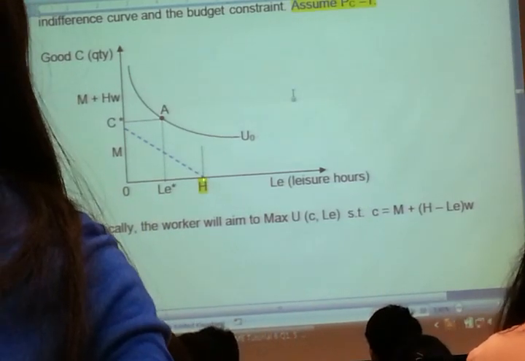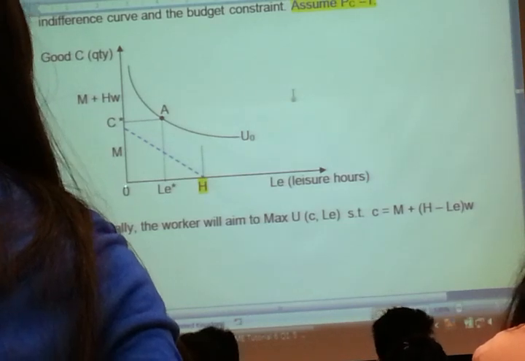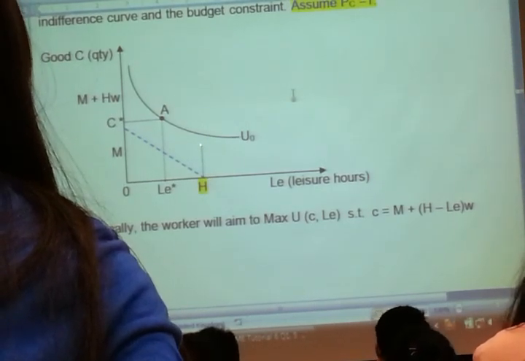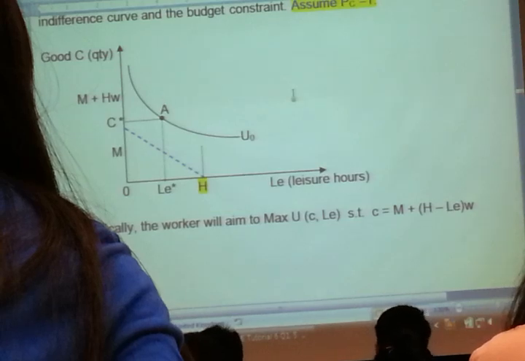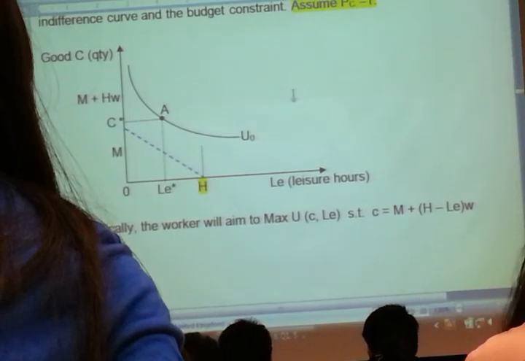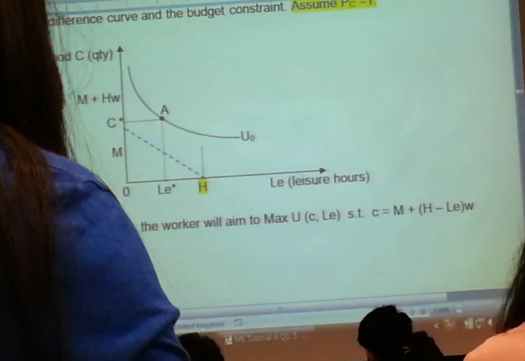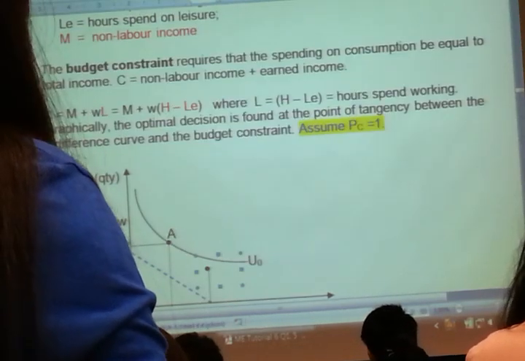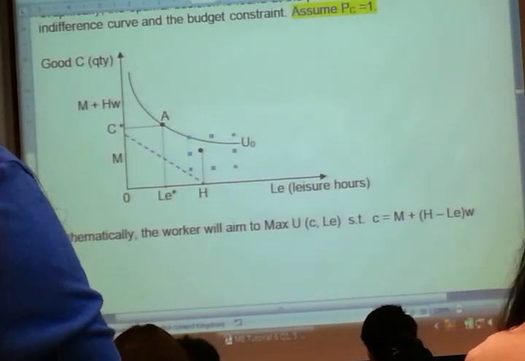When you have 24 hours of leisure, the number of C is not 0. It's here to start. Right. So in other words, the budget line starts higher than normal. Here. Right. How much is this?